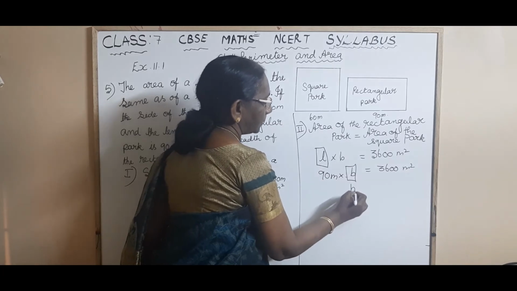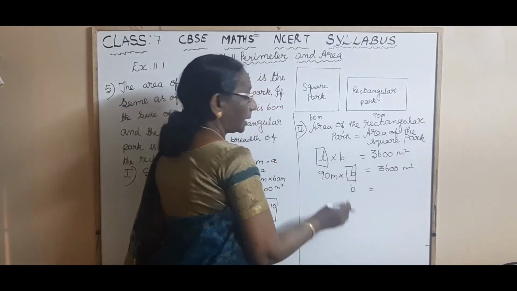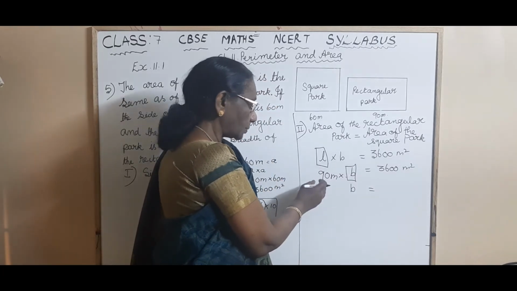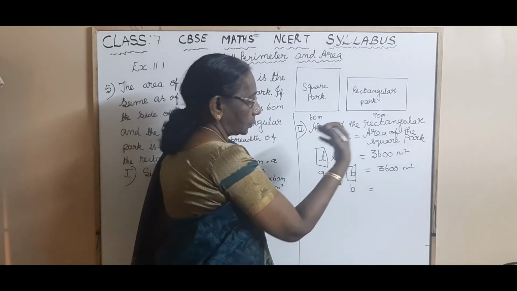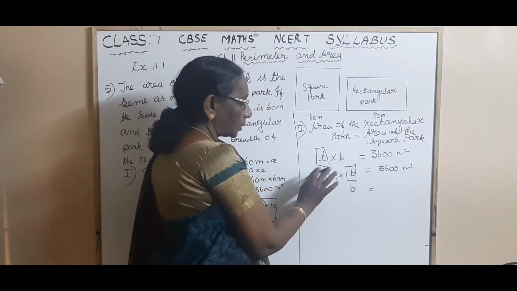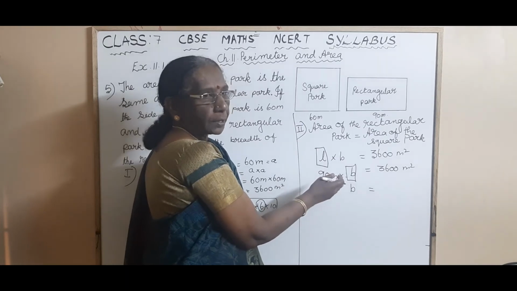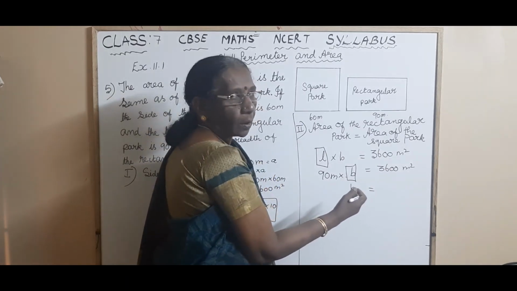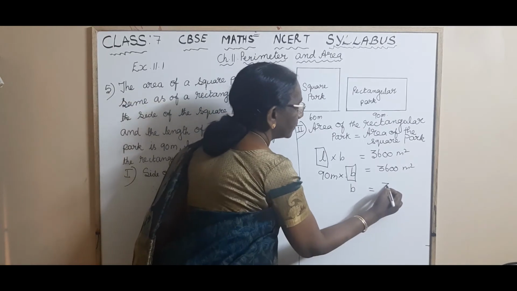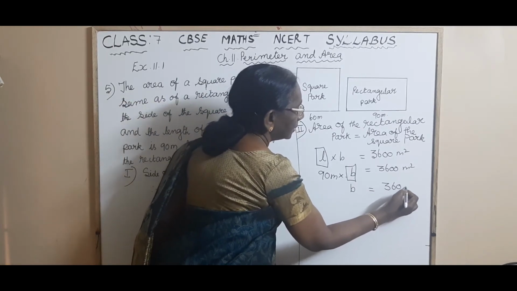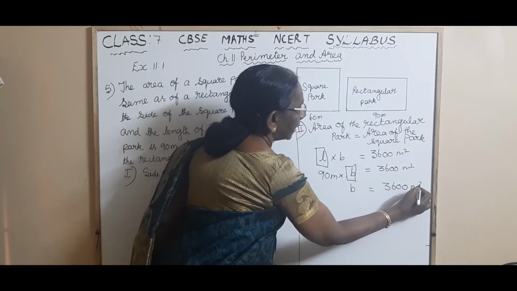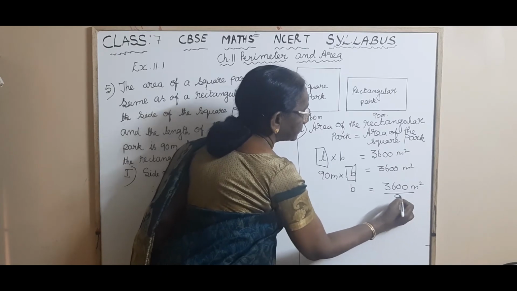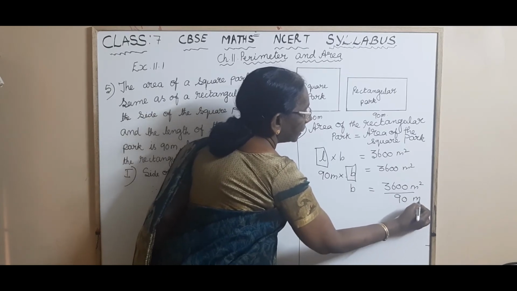Now we have to find only the breadth. So keep the B on the left hand side and transpose this 90 to the right hand side. Here 90 is in multiplication, so when it is transferred to the other side, it will be a division operation. So 3600 meter square by 90 meter.